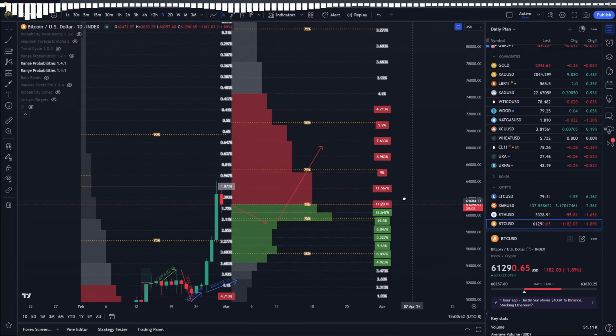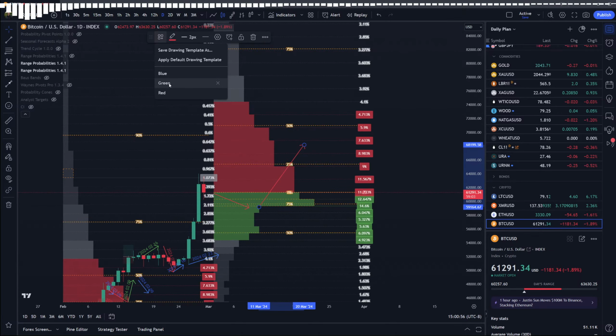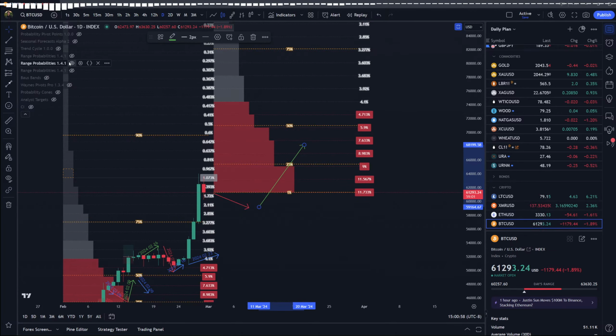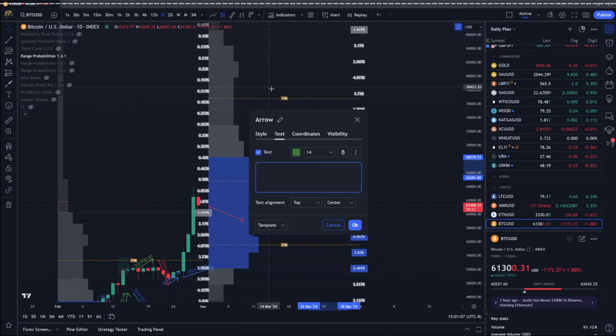Call it 68. Set that one to green. Go ahead, look at our closes. And then something like that. For blue.